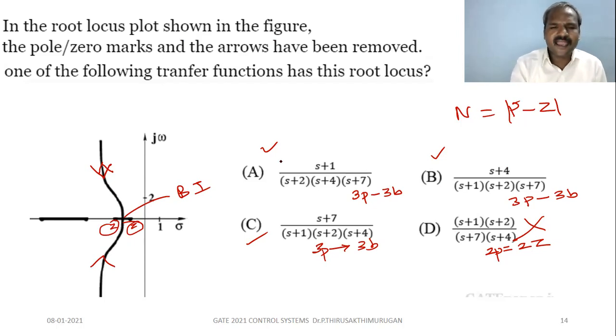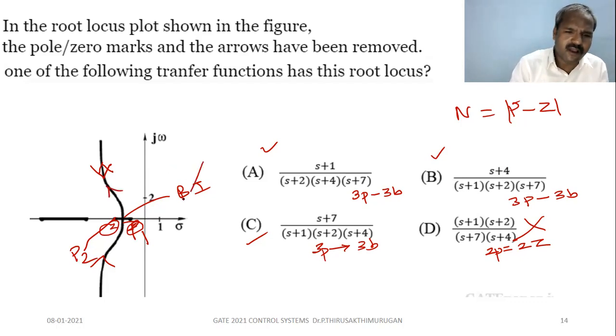So other than D, all have only 1 zero. So these two are definitely poles. This may be P1, this may be P2. So the first two branches are between two poles, so there will be a breakaway point, not a break-in point.